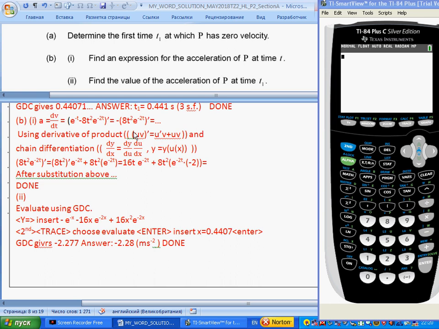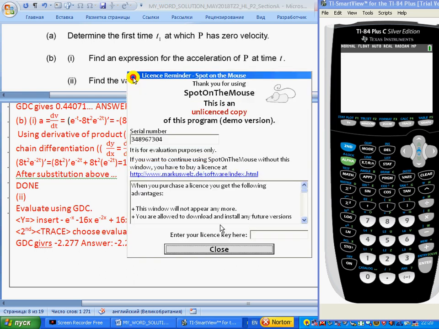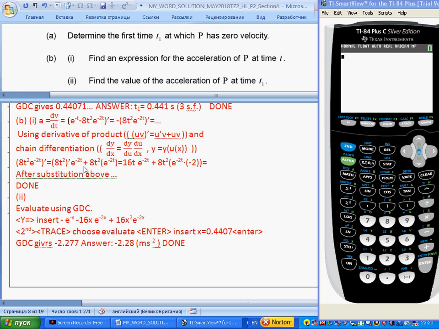What about derivative of this expression? We use chain differentiation, and first we find derivative of first term, a t squared, then derivative of second term. We use derivative of product.